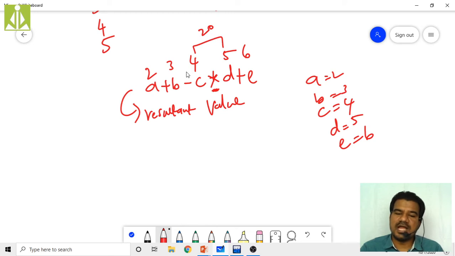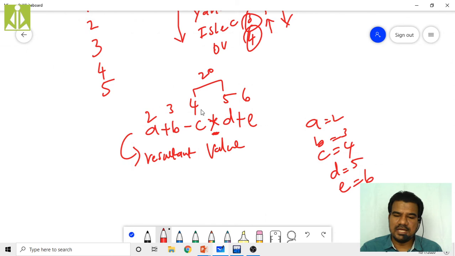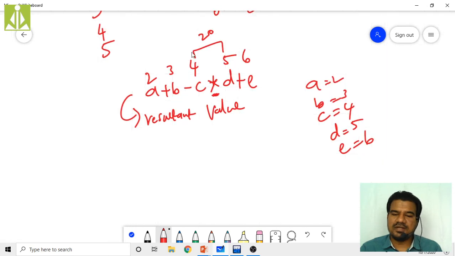After getting this 20, I have to perform the operations between 2, 3, 20 and 6. Now which operator do I evaluate? Plus, minus, plus. I have 3 operators, all with the same precedence. Then I have to go for associativity.